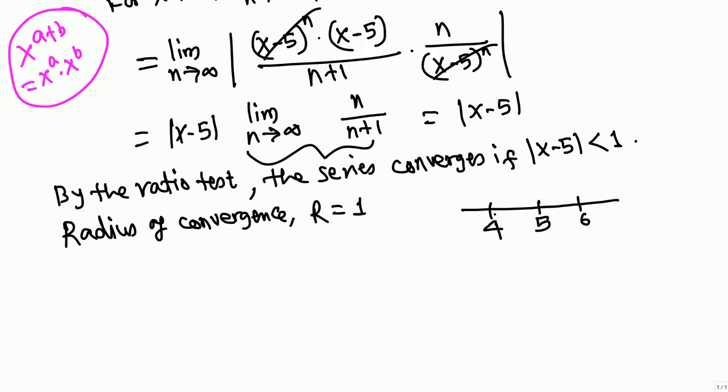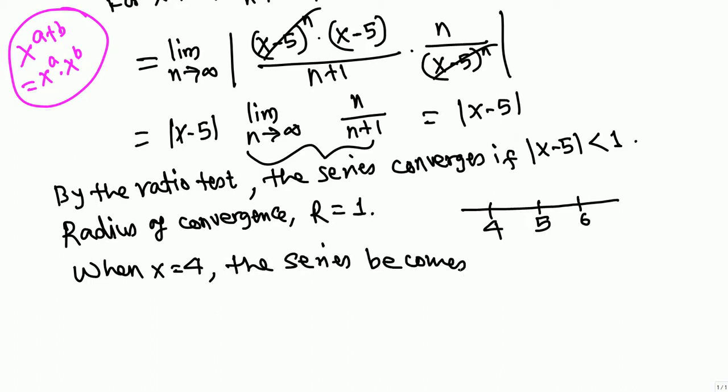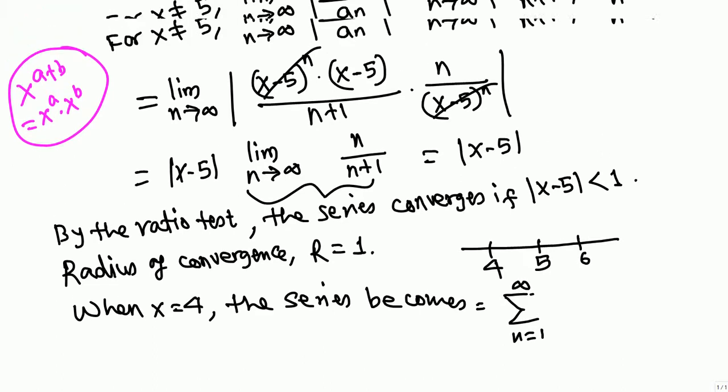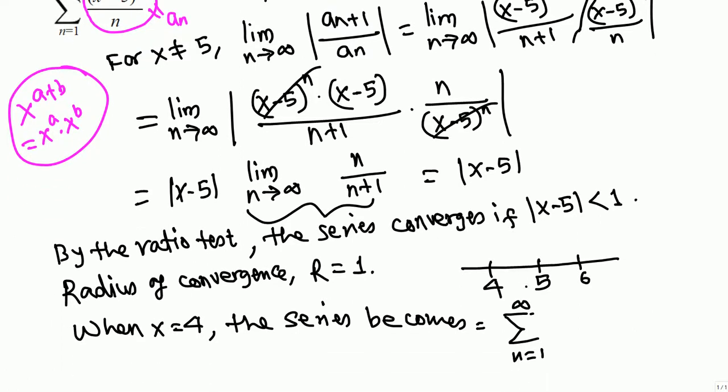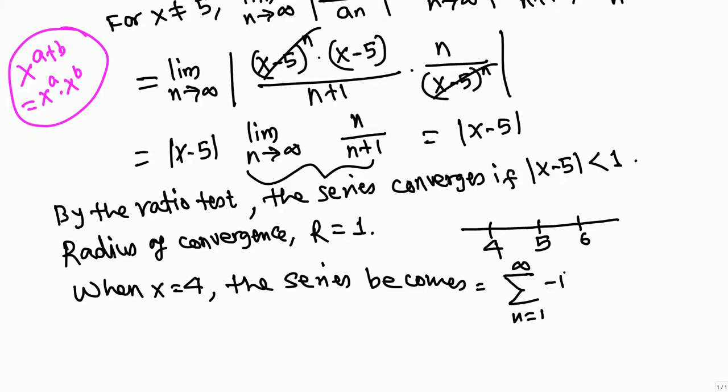So when x equals 4, the original series becomes the sum from n equals 1 through infinity. Let's go back up and check. When x equals 4, we get 4 minus 5, so negative 1 to the n over n. Let me write it this way, negative 1 to the n over n, which is an alternating harmonic series.